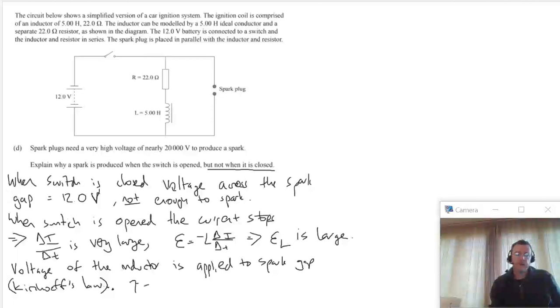So the time constant for the circuit equals L over resistance. And in this circuit, R equals 22.0 ohms plus, let's put R total in here, spark gap.